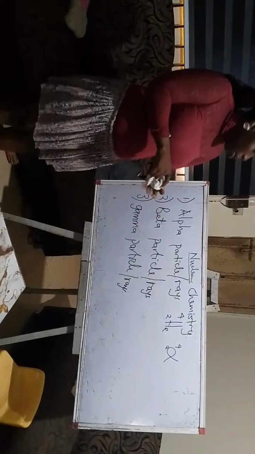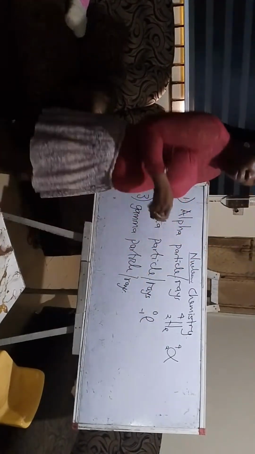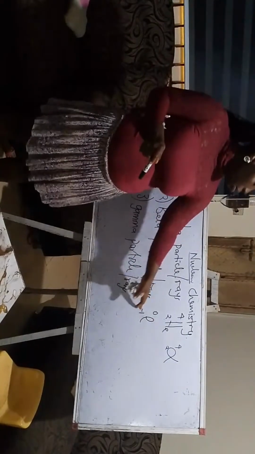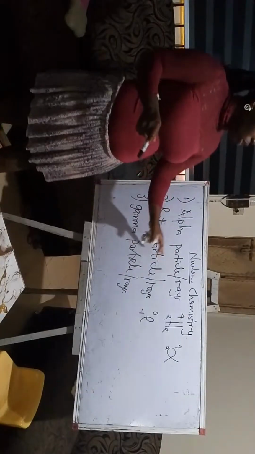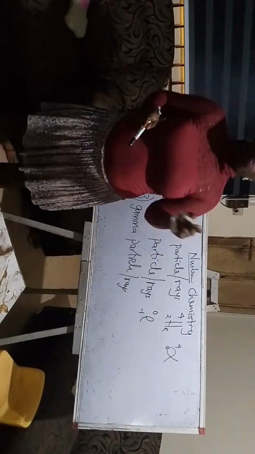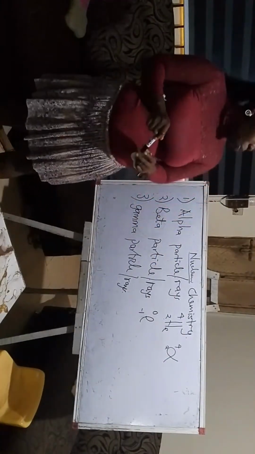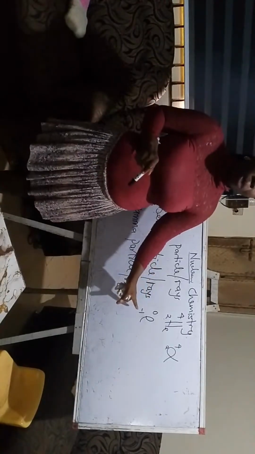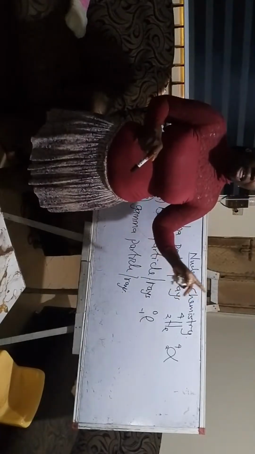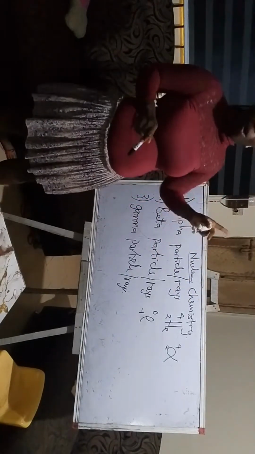Same with beta. Beta has a 0 mass number and decreases the atomic number of the element. That is why it's called zero. It is represented as 0 and -1. The opposite of beta is called a positron. And that positron increases the atomic number of the element.